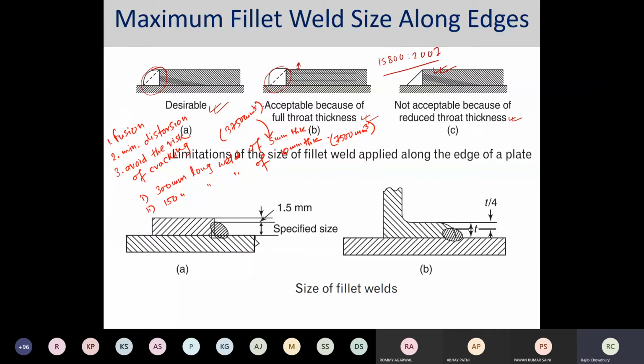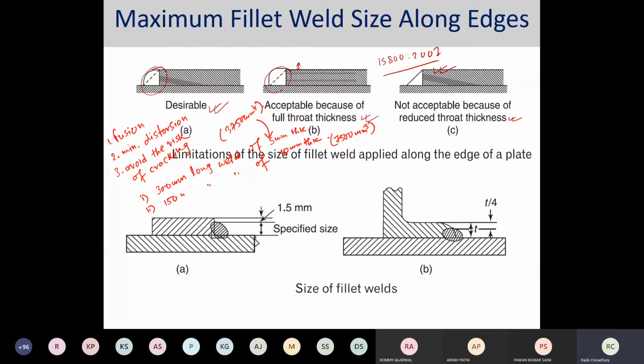Okay, now the maximum size of the fillet weld along the edges. If the thickness of the adjoining member is 6 mm thick, the maximum size is equal to the thickness of the end plate. The maximum size of the weld is the thickness of the plate itself.